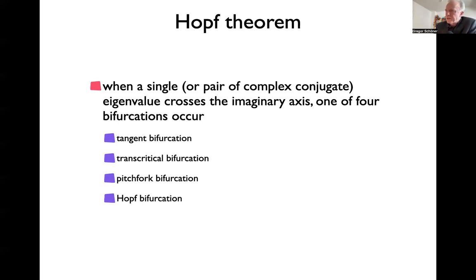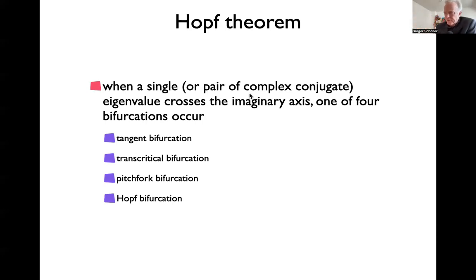And there's also the complication that these eigenvalues in high-dimensional systems are complex, and therefore they arise in pairs of complex conjugate ones. So it can be actually one eigenvalue or a pair of complex conjugate. So you don't need to understand these complications. But there are only 4 things that can happen.